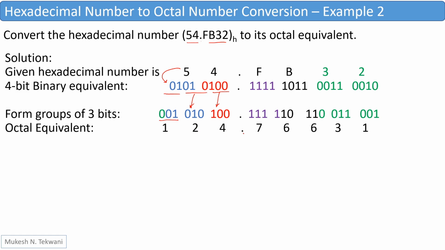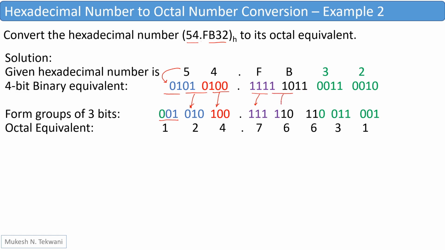We have the point, and now for the fractional part we again convert the bits into groups of 3. Let us start from the point and move towards the right.